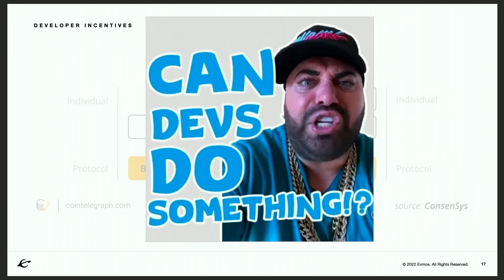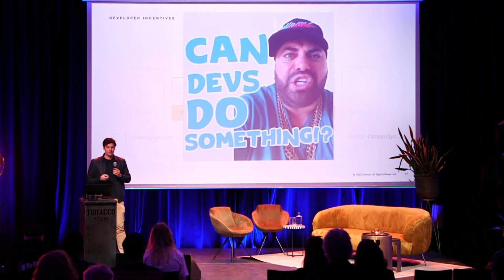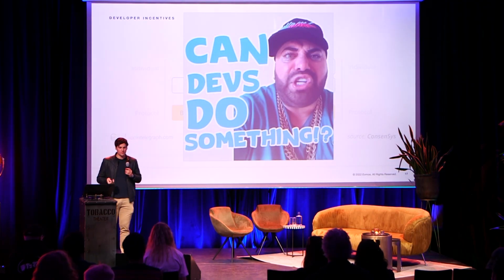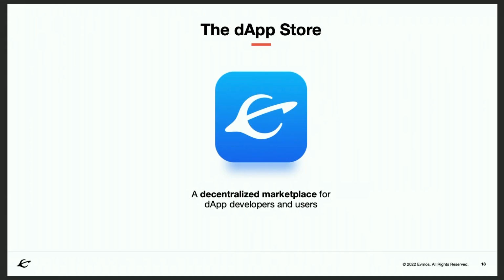So the question is, can devs do something to create this incentive alignment between all these different actors that I showed before? And that's why on Evmos, we're introducing the novel Dav Store mechanism.